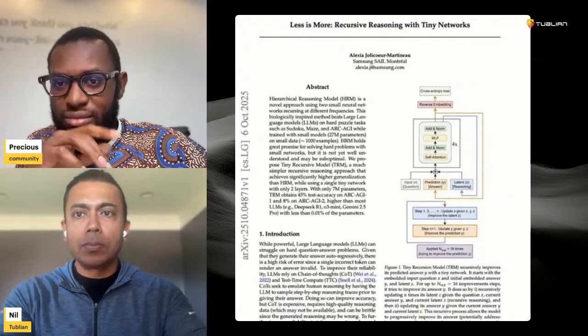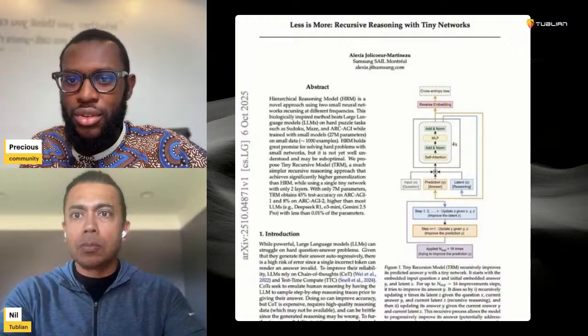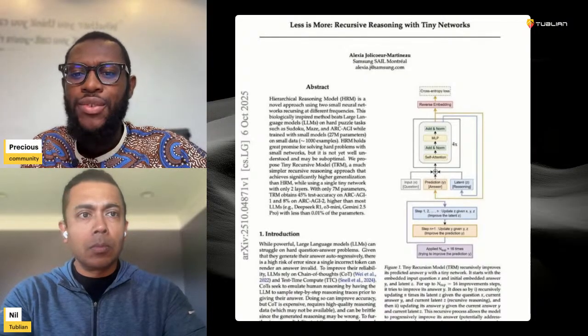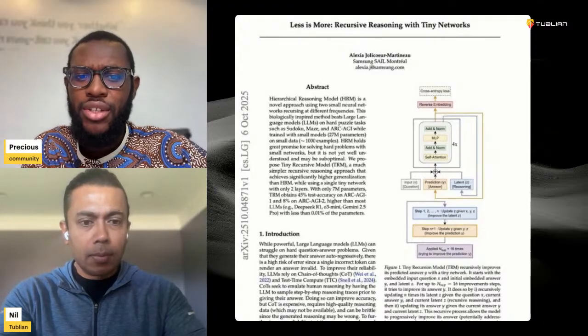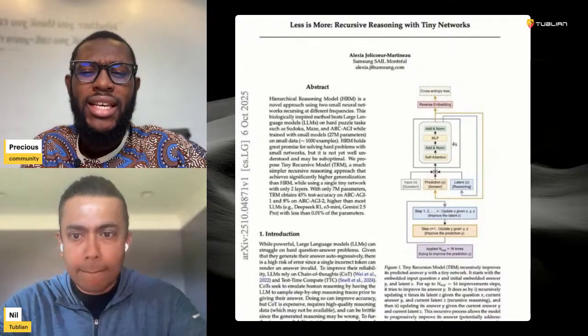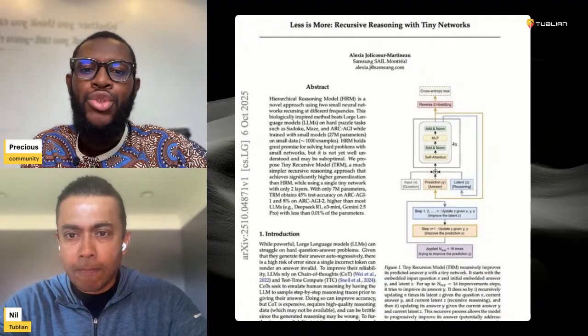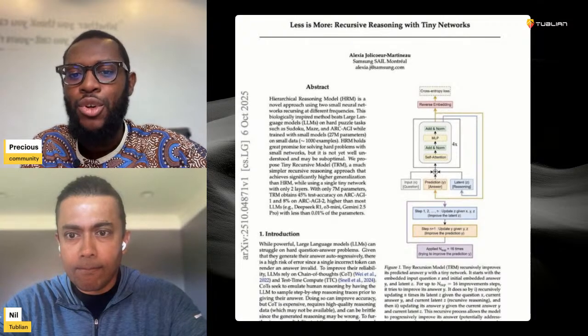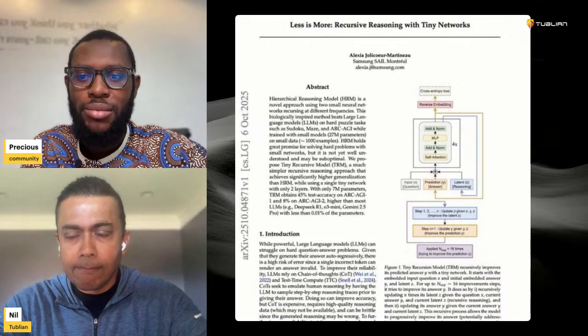So this is a new paper from Samsung AI. They are saying that this is a minimalistic alternative to large reasoning systems like ChatGPT or hierarchical reasoning models. This TRM uses a tiny two-layer network to recursively refine its answers and still outperforms LLMs on complex reasoning benchmarks.